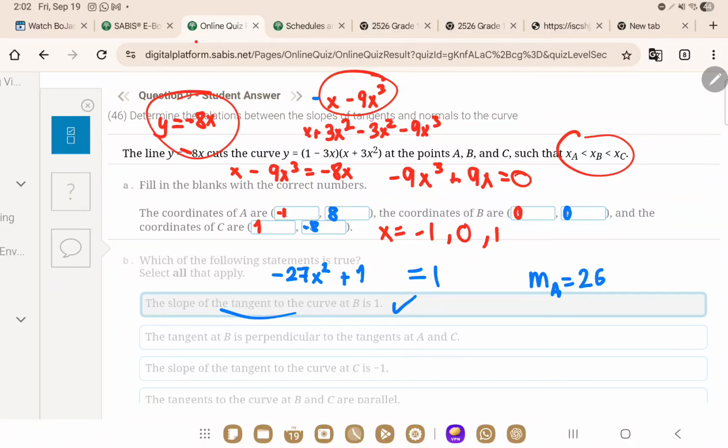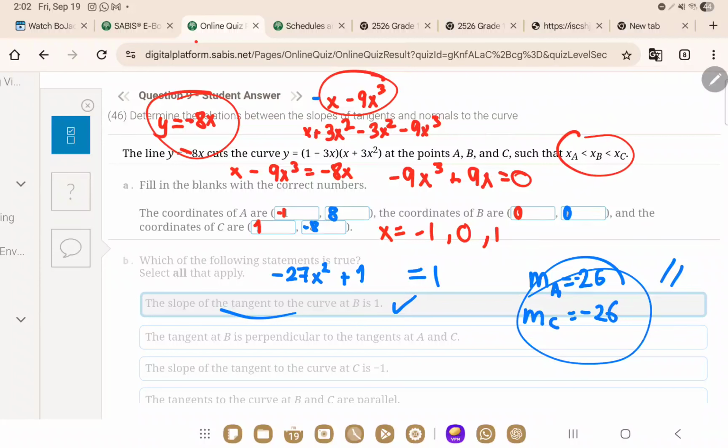And the slope at C is also going to be -26, because it's the same thing we did here. 1 squared stays 1, -1 squared stays 1. So they have the same slope, making A and C parallel. Any two lines with the same slope are parallel.